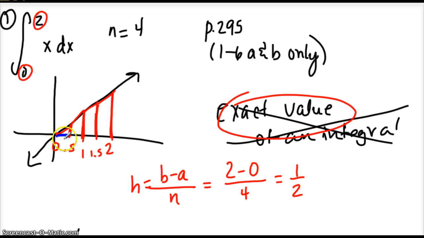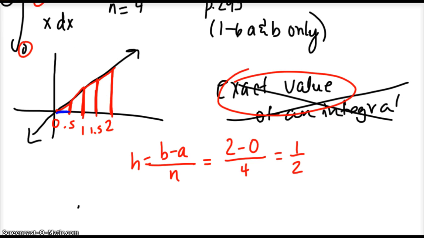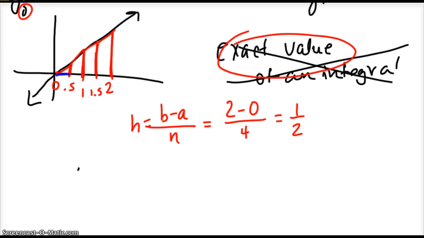That's actually the height of your trapezoid. Excuse me, I have the wrong notation there. That's not h. It's actually h over n. No, excuse me, that is. Sorry. So h equals b minus a over n. So you have a half is your h value.